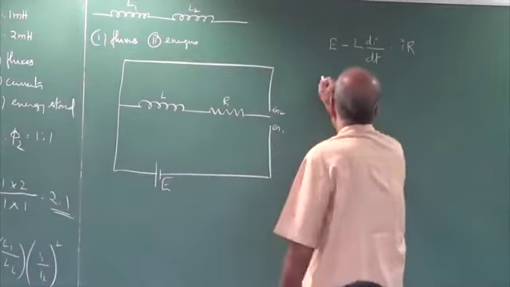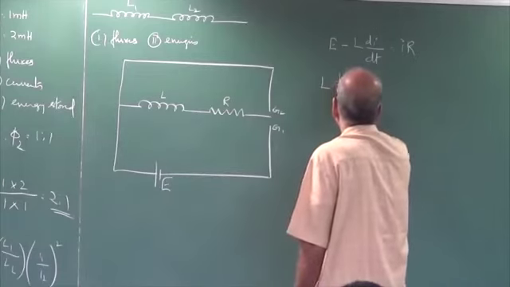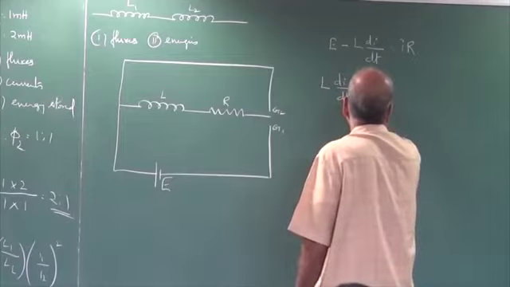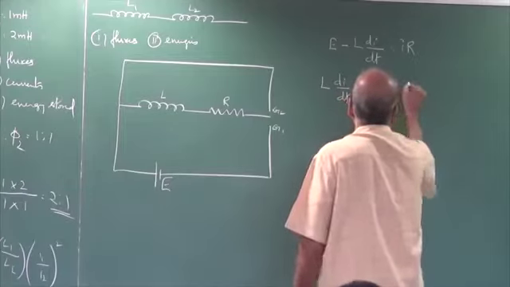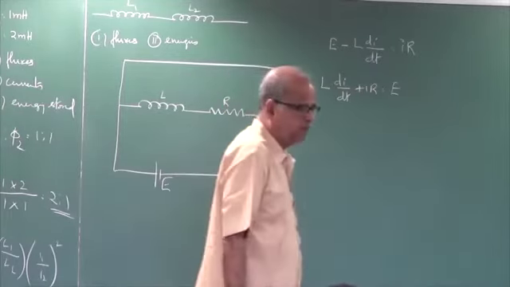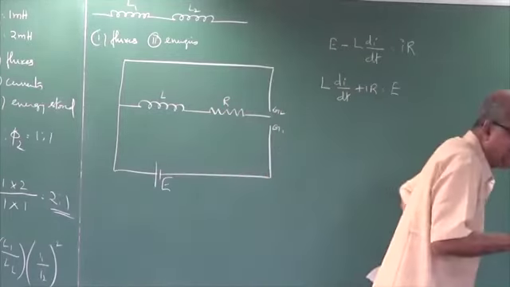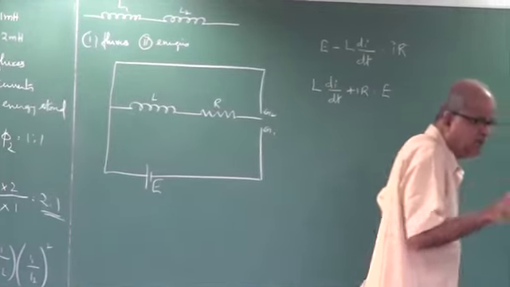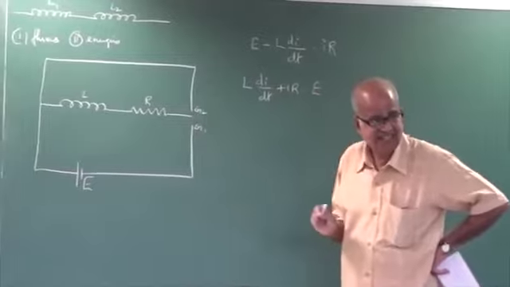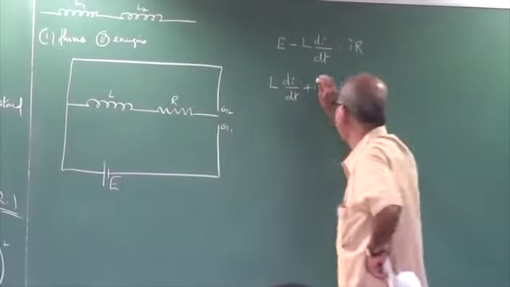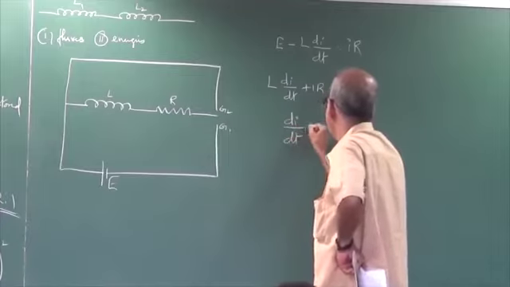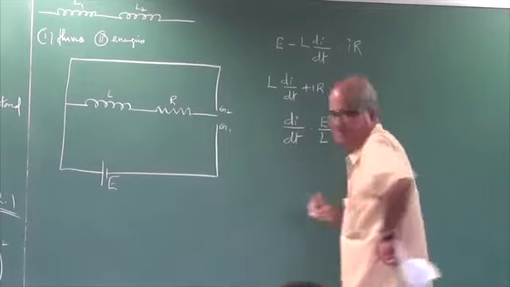Or L dI by dt plus IR is equal to E. At the instant when you close this key, current is 0. So this factor IR becomes 0, and dI by dt is E by L.